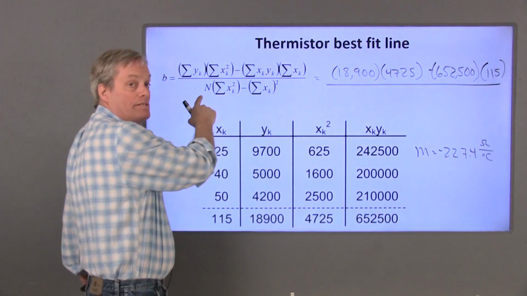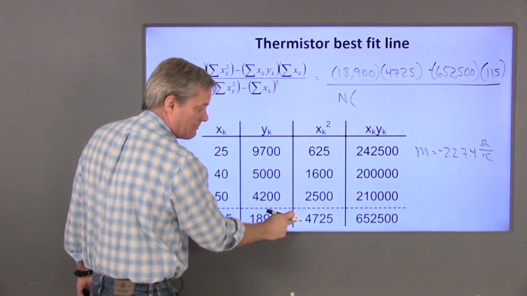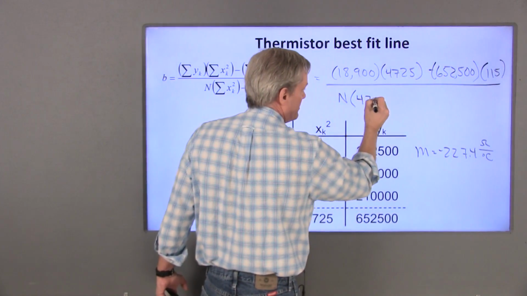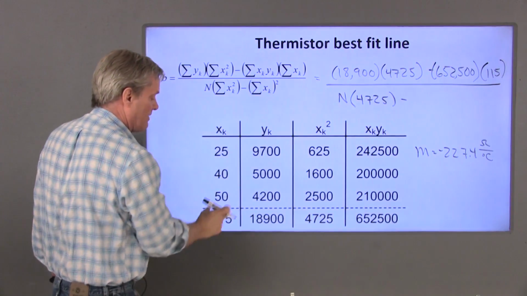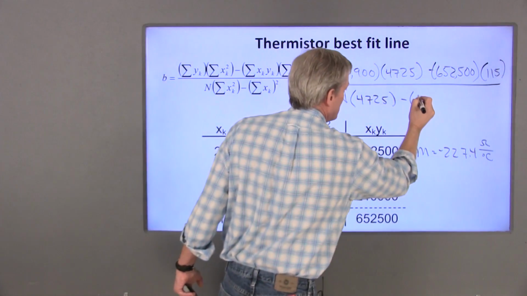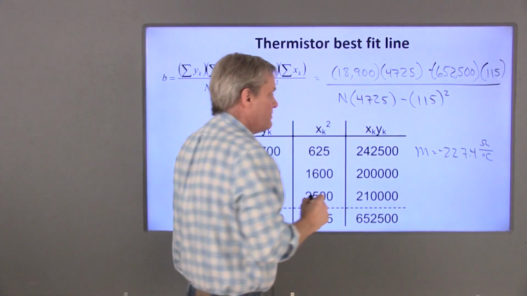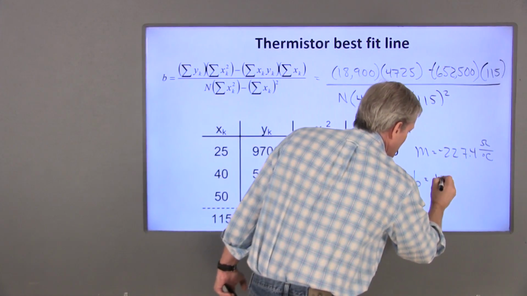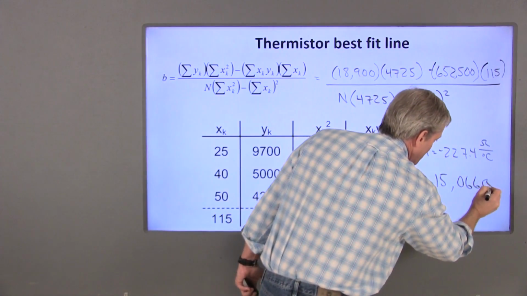The denominator is n times the sum of the x values squared, 4,725, minus the sum of the x values, 115, squared. When I do this arithmetic, I get b is equal to 15,066 ohms.